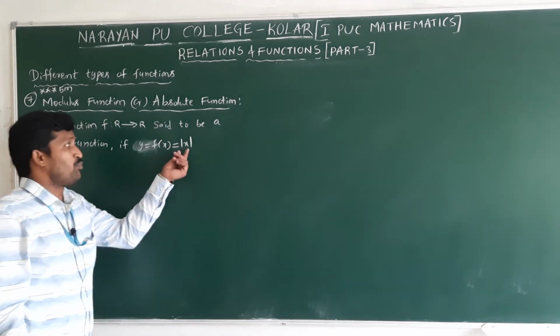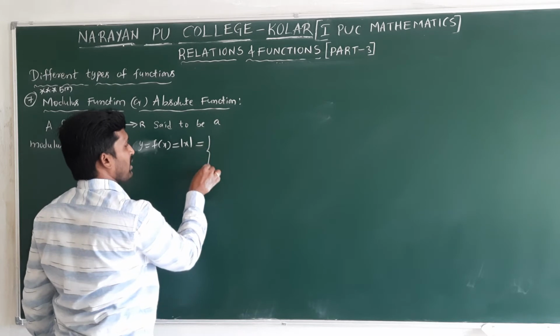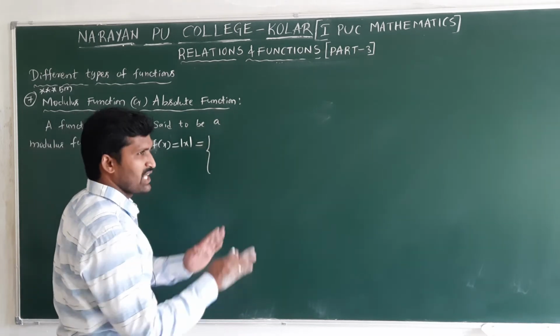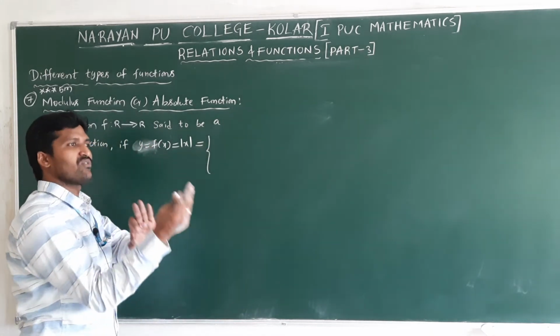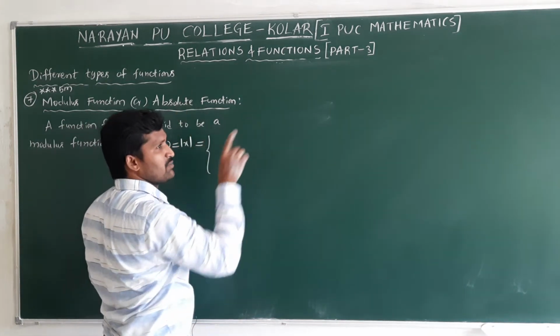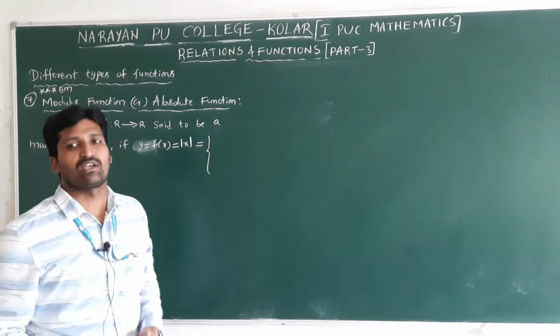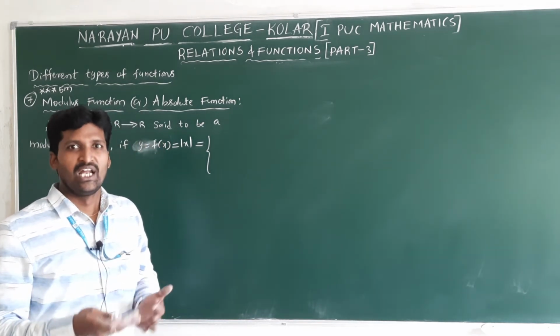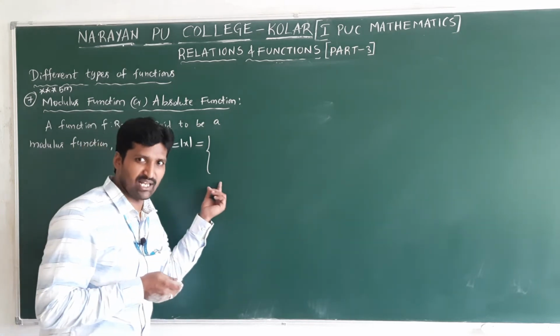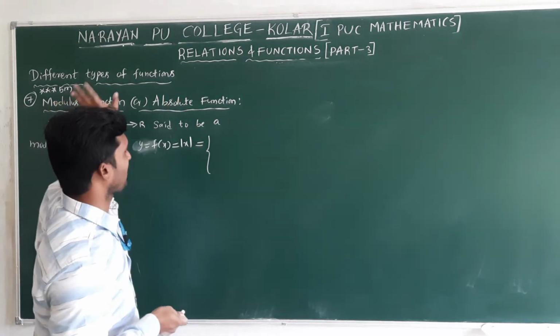How to read this one? Modulus of x. But this modulus of x gives two sets of values based on whether you take a negative x value or a positive x value. But it should give an absolute value, meaning for 0 we need to get 0, for minus 1 we need to get plus 1. That is the meaning of absolute. Even if you give a negative input x value, y should be positive. That is the nature of modulus function.